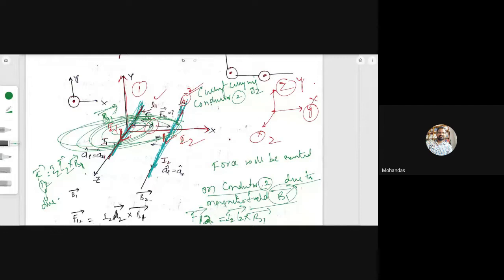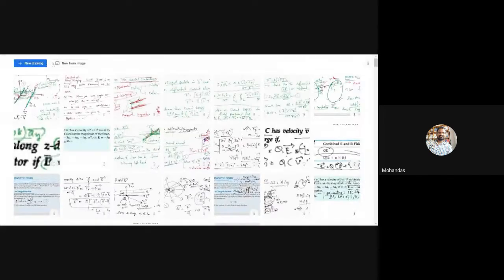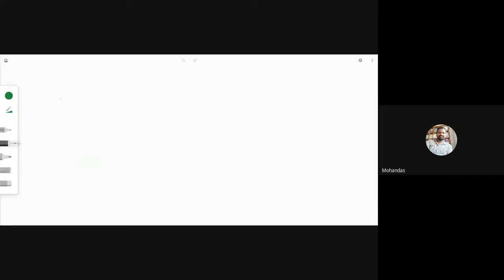So let me write that separately here. Let F12 be the force on conductor 2 due to conductor 1.